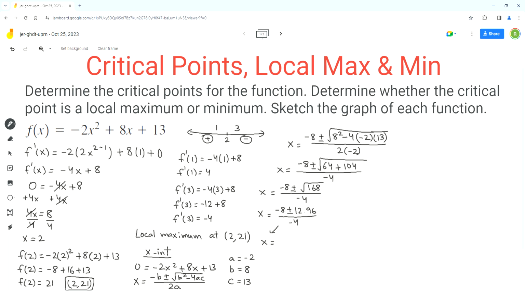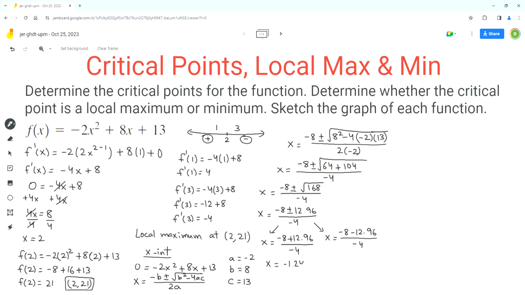The positive case will be negative 8 plus 12.96 over negative 4, and the negative case is x equals negative 8 minus 12.96 over negative 4. Now we get negative 8 plus 12.96 divided by negative 4 equals negative 1.24.